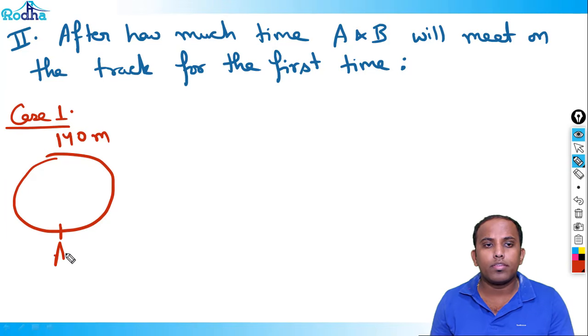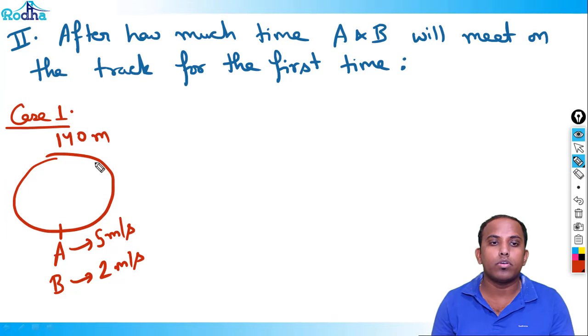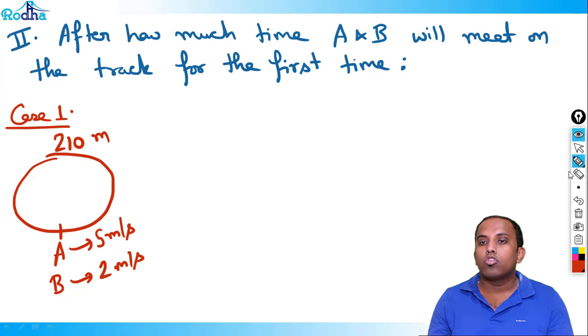Okay, A is running at the rate of 5 meters per second and B is running at the rate of 2 meters per second in the same direction. Okay, or let me make the length of the track 210 meters, that's fine. Okay, 210 meters.